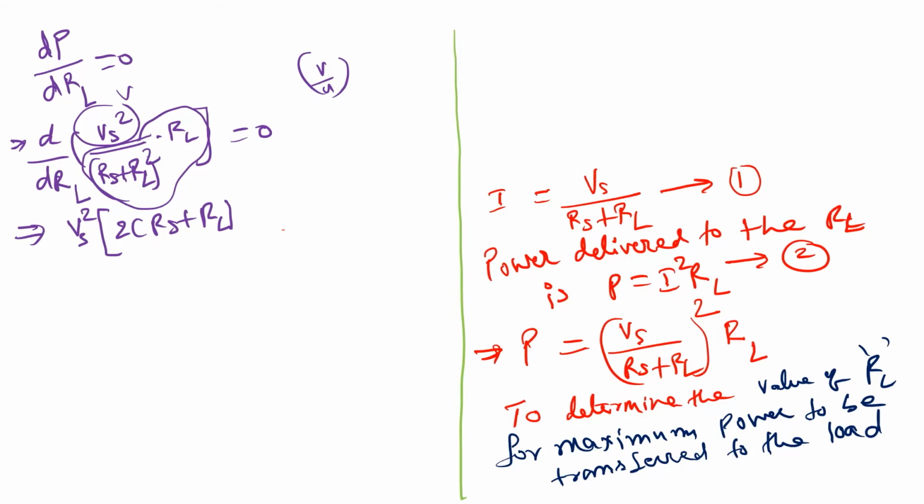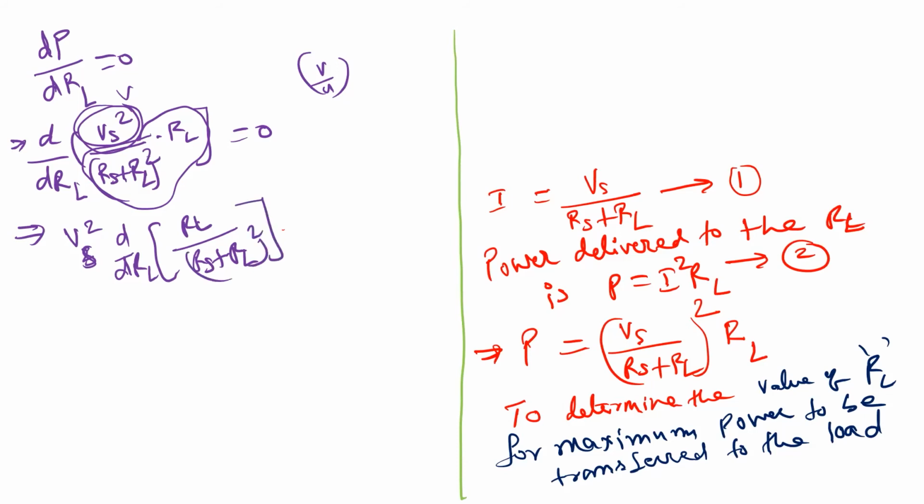Okay, now when you apply this UV formula, I have made a little mistake here. You are differentiating with respect to RL, so this Vs square will be a constant, so that will come outside. You are only differentiating RL, so RL by (Rs plus RL) whole square is equal to 0.